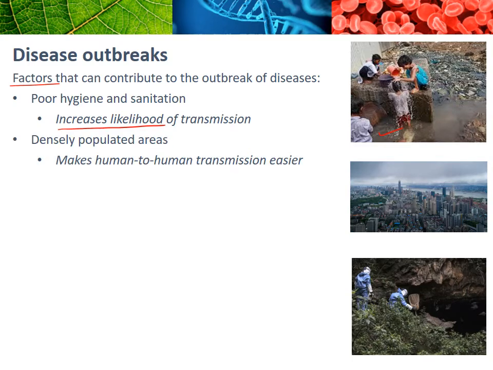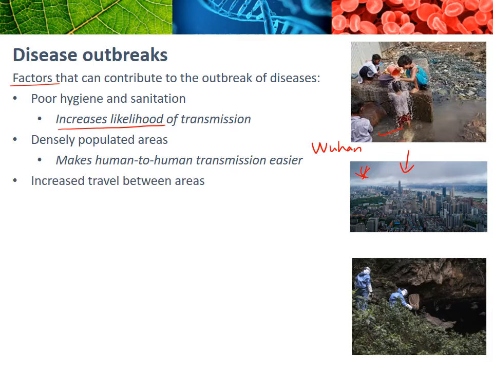Densely populated areas. Having lots of people living in cities or living close to each other makes human-to-human transmission so much easier. That was a big contributor with coronavirus. Wuhan, this is Wuhan here, is a big city. Lots of people living very close to each other, so diseases spread very easily.